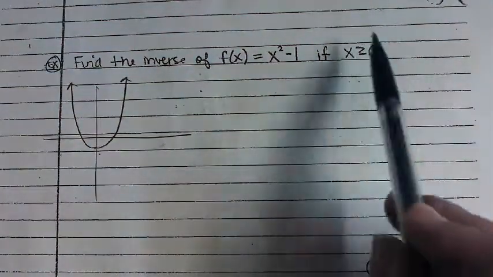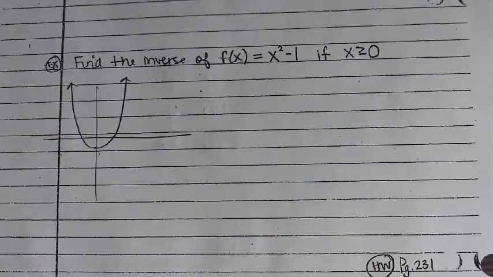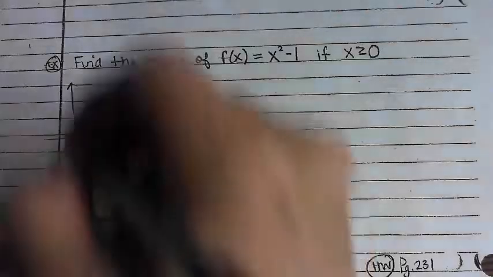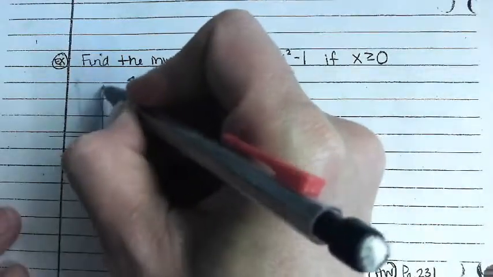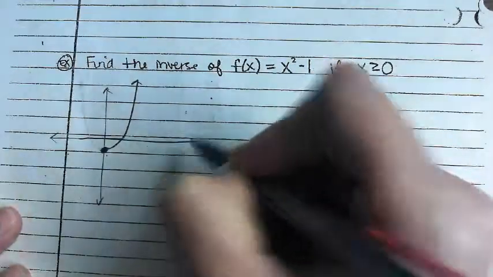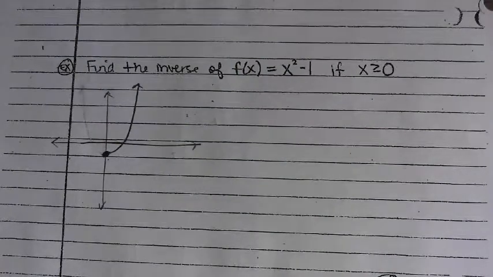Why do you suppose it only wants us to look at where the graph has an x-coordinate greater than or equal to 0, do you think? In light of our conversation on the front side. Go ahead, Mitch. Right. Because right now it's failing the horizontal line test, but if we only look at it along that given domain, now we can say that this inverse will also be a function. Yes?